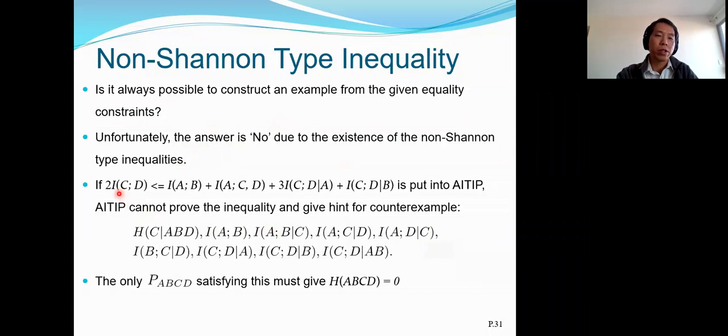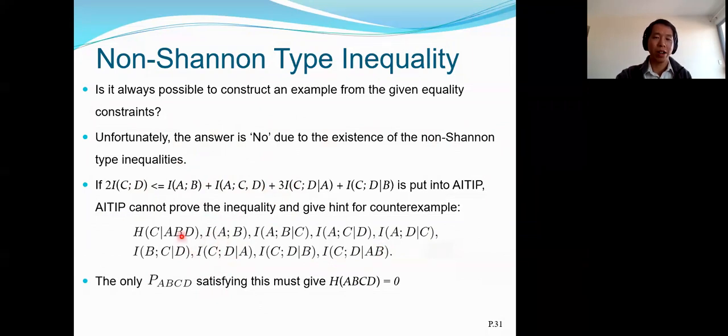Such as if we put the inequality found by Zhang and Yang, okay, this is a non-Shannon type inequality. If we put it into AITIP, it still gives you a set of equality constraints. It asks you to construct a joint distribution such that all these quantities here are equal to 0. If you can do this, okay, then you can disprove this given inequality.